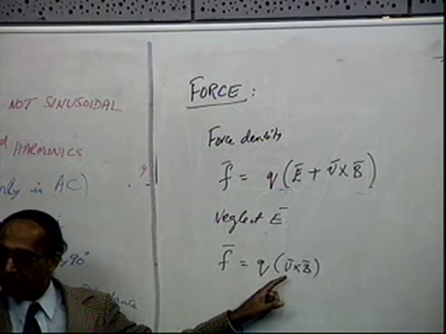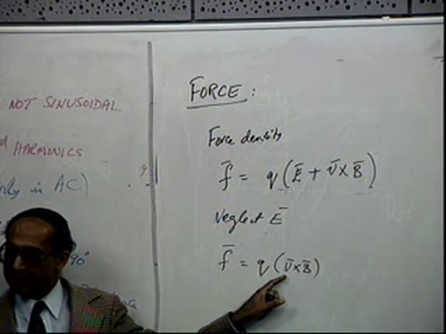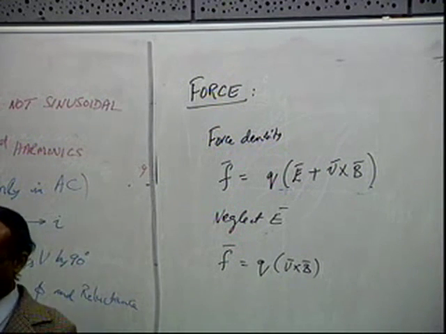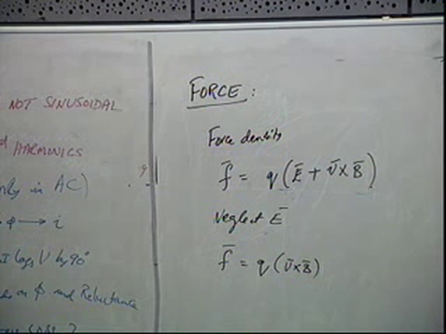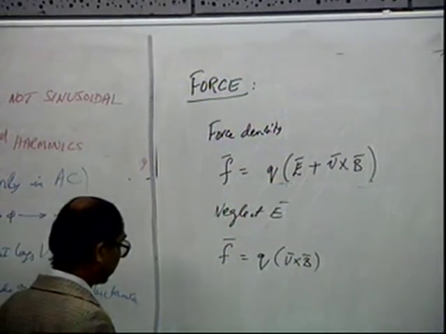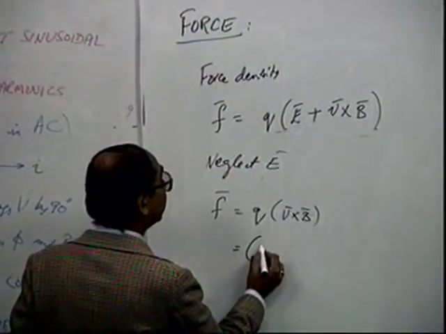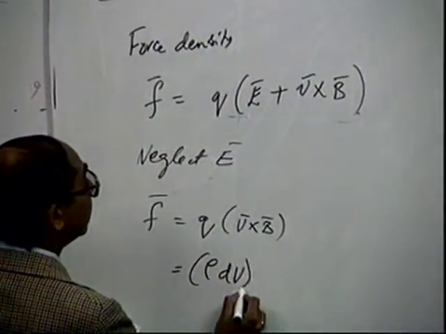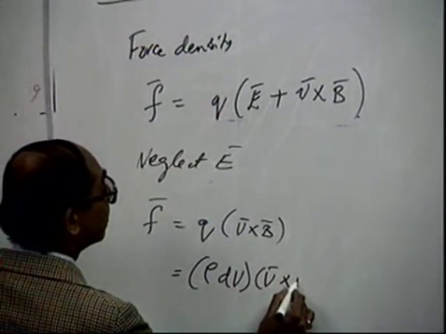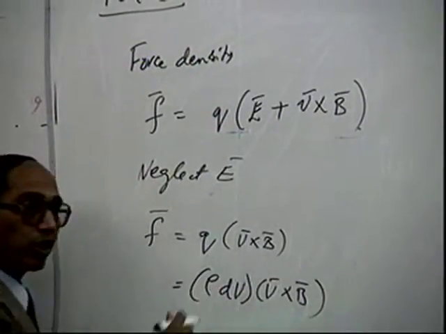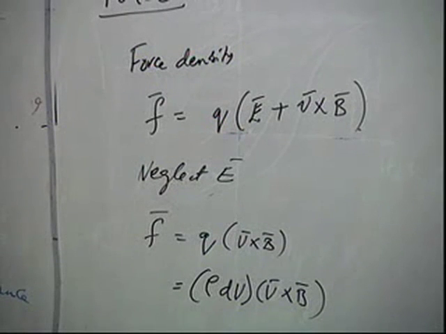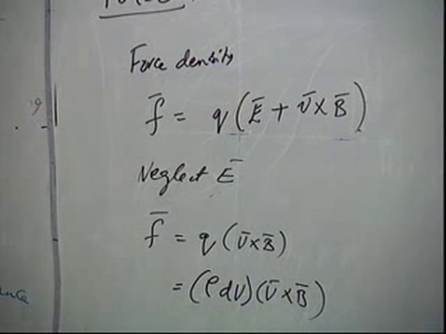V is the velocity of the moving charges. So we can get a simple expression for the force, the force density, as rho into V cross B, where rho is the charge density in any given volume.